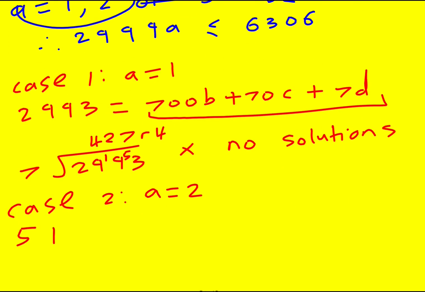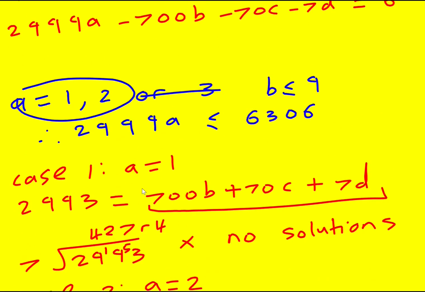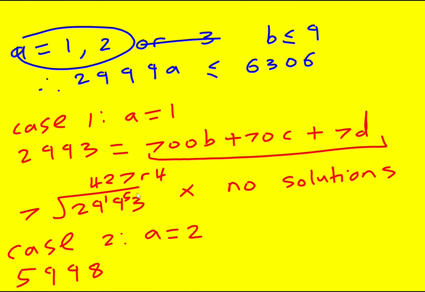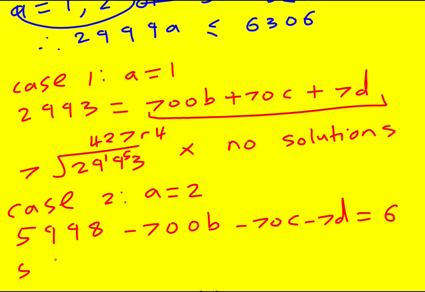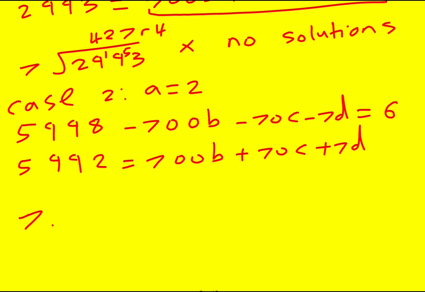So 5998. And then I'm going to minus the 6. But just before I do that, let me put this line in. Okay, and again, we can divide through by 7.